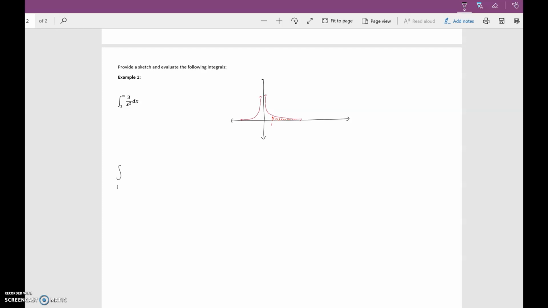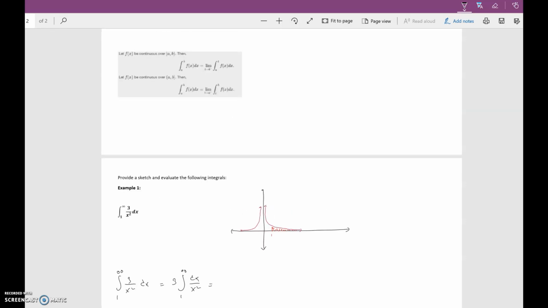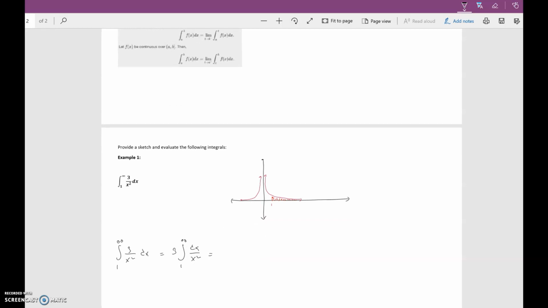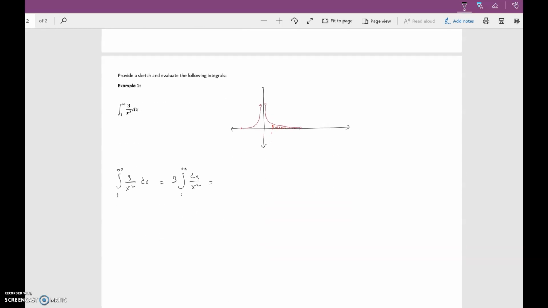So here's the idea. You're going to have the integral from 1 to infinity of 3 over x squared dx, and let me extract the constant. So this is 3 times the integral from 1 to infinity of dx over x squared. By using the definition, technically the first formula that's here, we're going to transform this to the following limit.